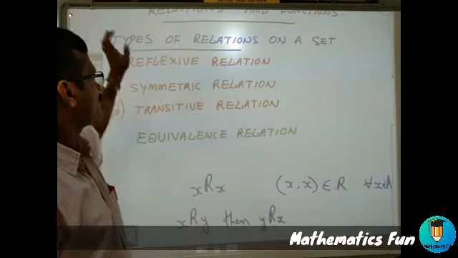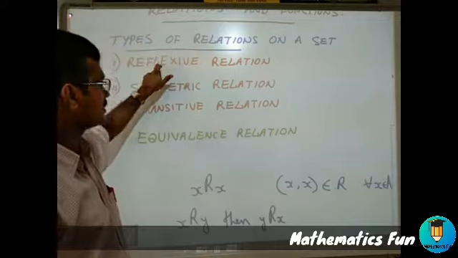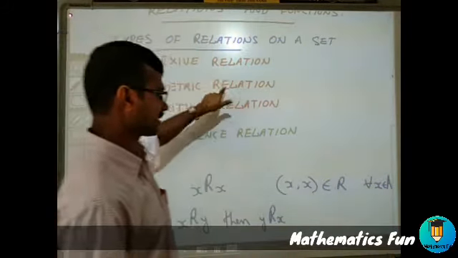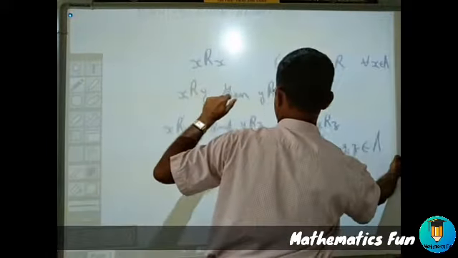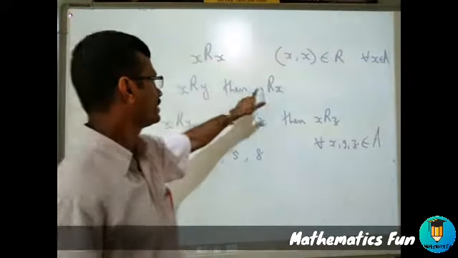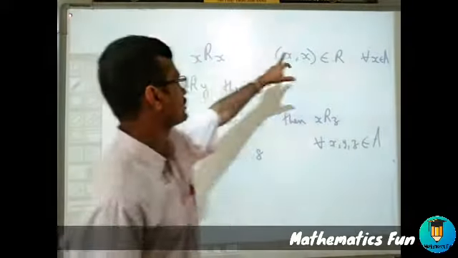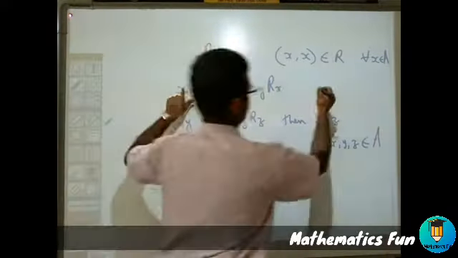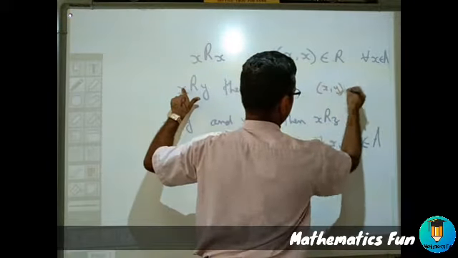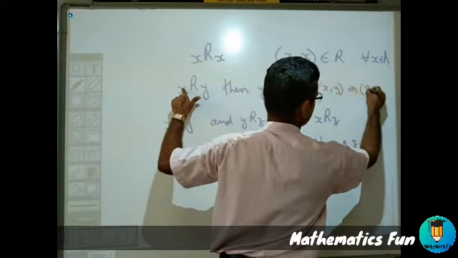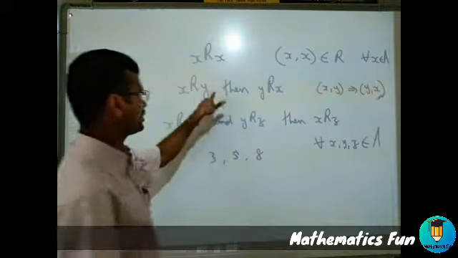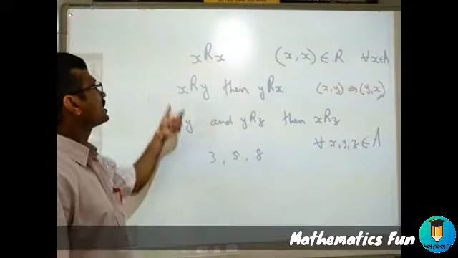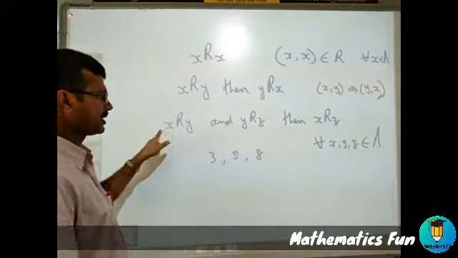First of all I said the reflexive relation, that is an element related with itself. In a symmetric relation, x related to y means y is related with x. In ordered pair form, if (x, y) is there, then (y, x) should also be there. The last one is the transitive relation.